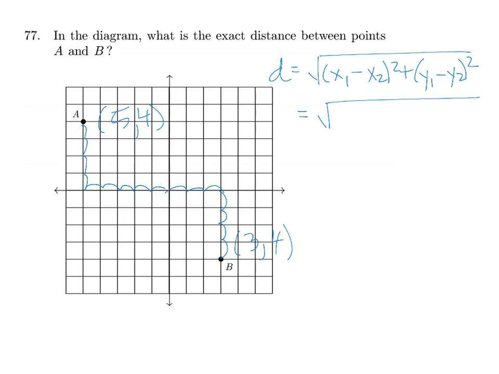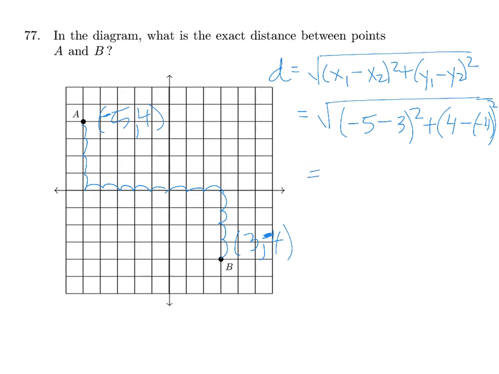I did the same thing as before. Missed the negatives. Here they are. Negative and negative. Watch out for the negatives. All right, so x1 is negative 5 minus x2, which is 3, plus y1, which is 4, minus y2, which is negative 4, squared.